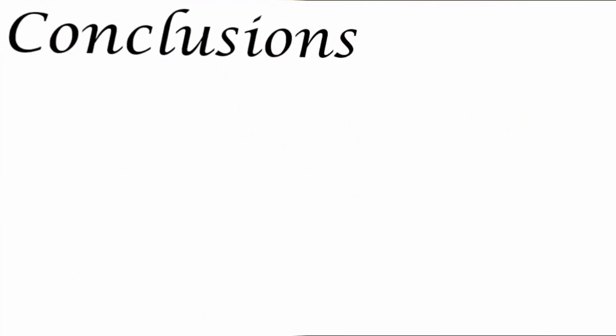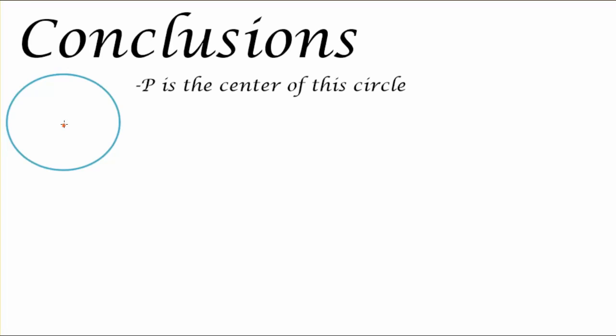All these points are on the circle, and they all create a radius from the center. The biggest thing between axioms and postulates is that we can make conclusions about other items. Let's look at another example with a circle. P is at the center of this particular circle, and the radius of this particular circle happens to be 8 inches. So I draw this radius and I label it with 8.